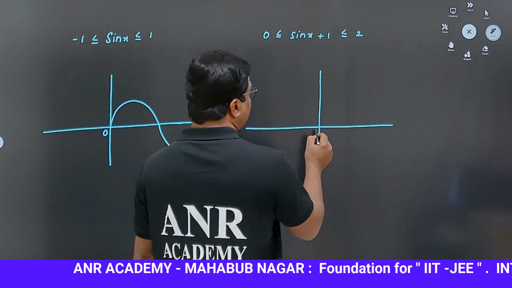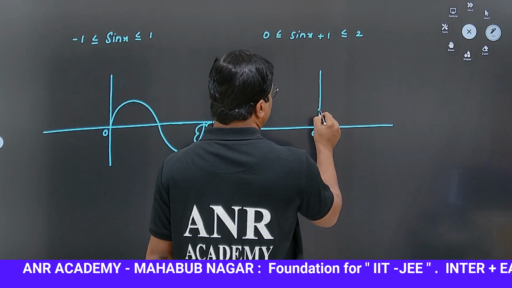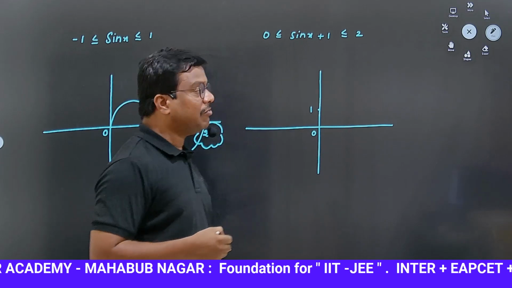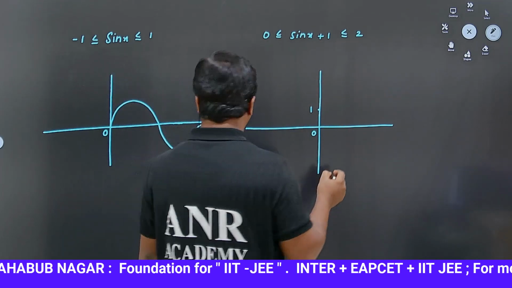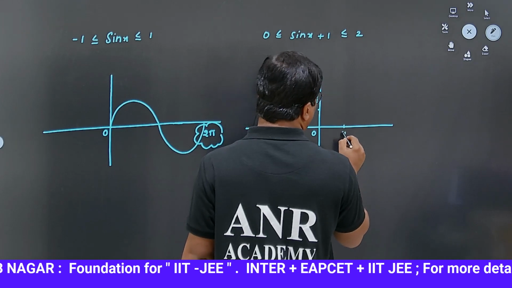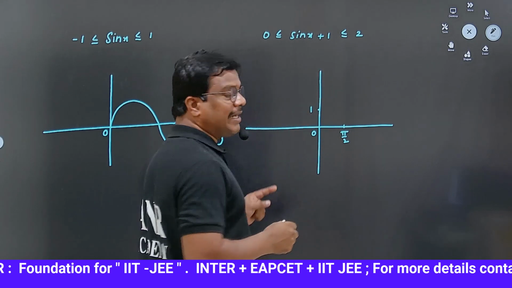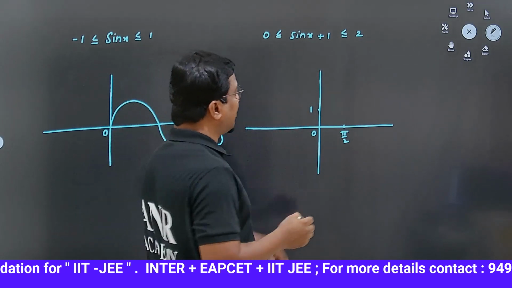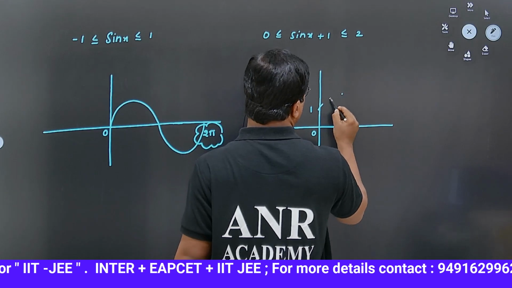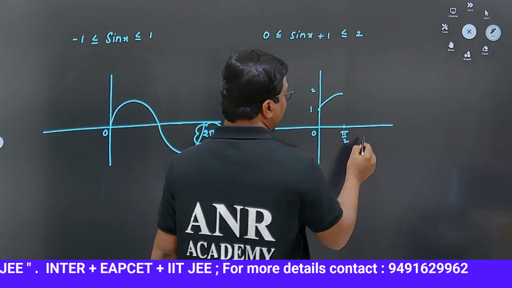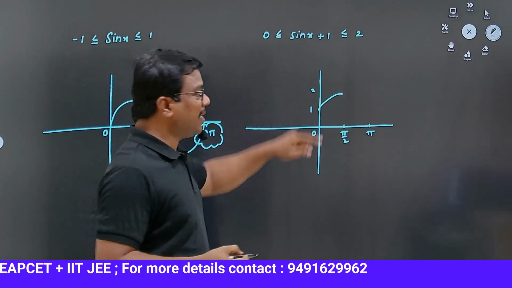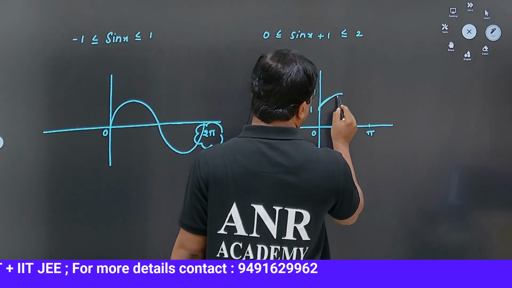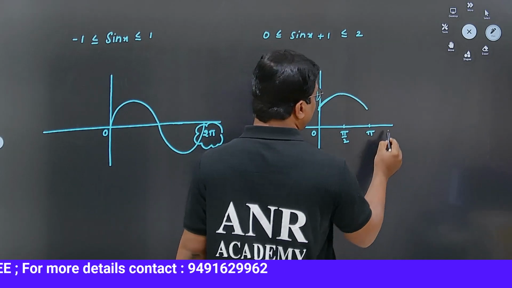Suppose the x value is 0, then sin 0, 0 plus 1 becomes 1. Next, suppose the x value is pi by 2. Sin 90 is 1, plus 1 goes to 2. Next, if you write pi, sin pi is 0, 0 plus 1, again it reduces to 1.